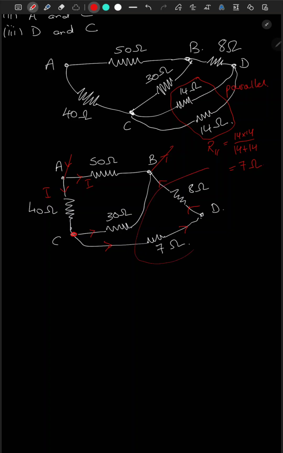Therefore, these two are in series. So in series, we add the resistances. So we get 8 plus 7 ohm, which is 15 ohm. So this would be 15 ohm.